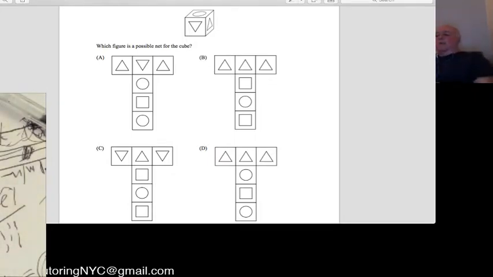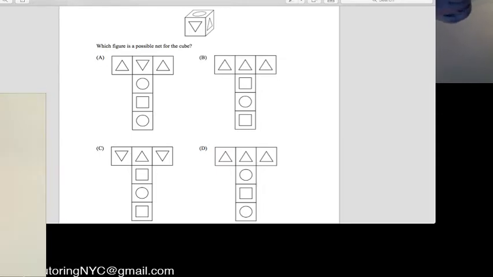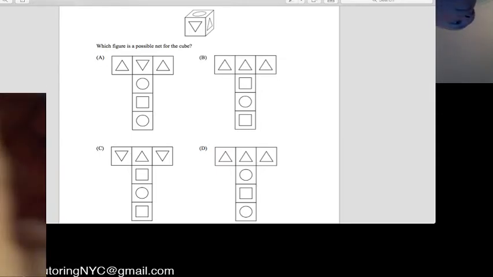Again, here, what you need to do is, let me turn my computer upside down for 1 second, because I'm going to do the cube upside down. Because you can do this with your test paper.